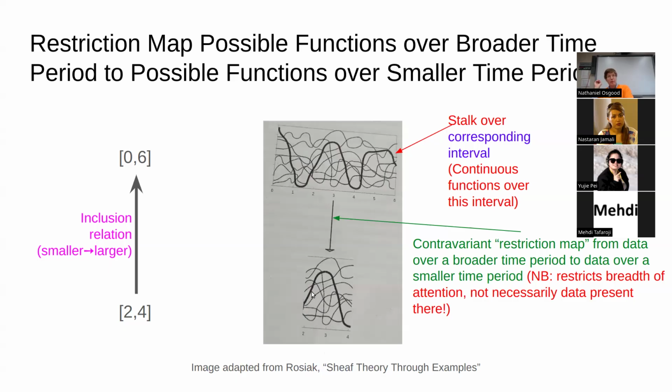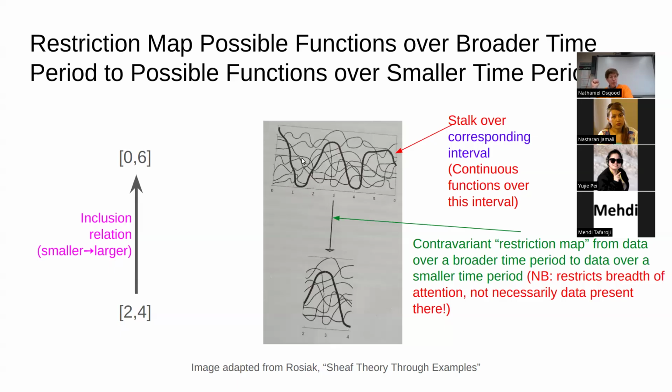Do you agree? So it's certainly not the case that this is a subset of this. There are some functions which would qualify to be continuous over 2 to 4, whose broader extent is not continuous over 0 to 6.